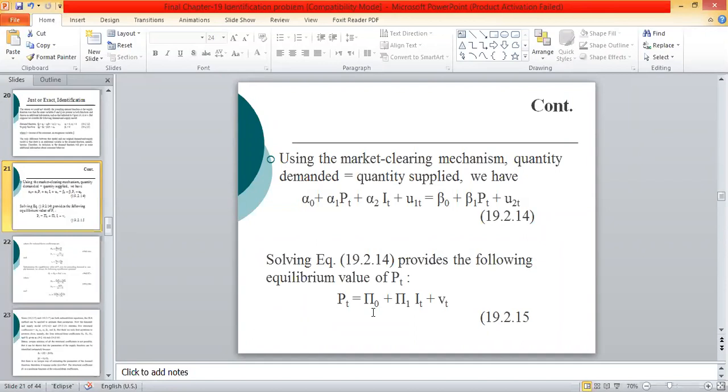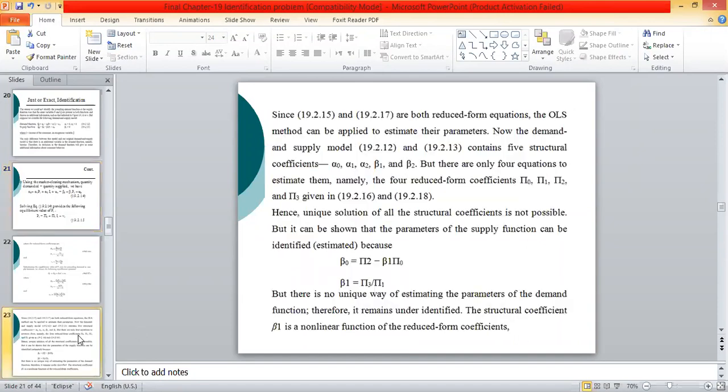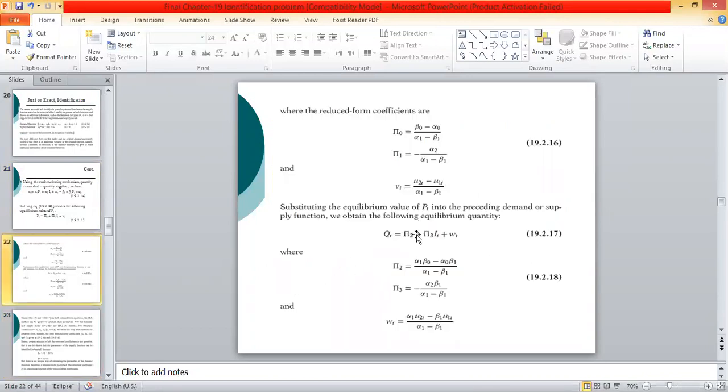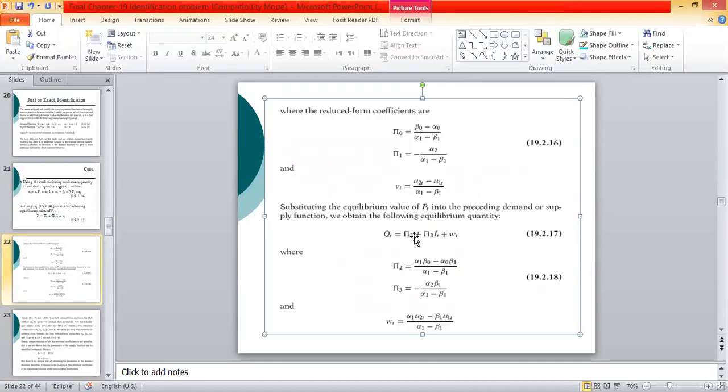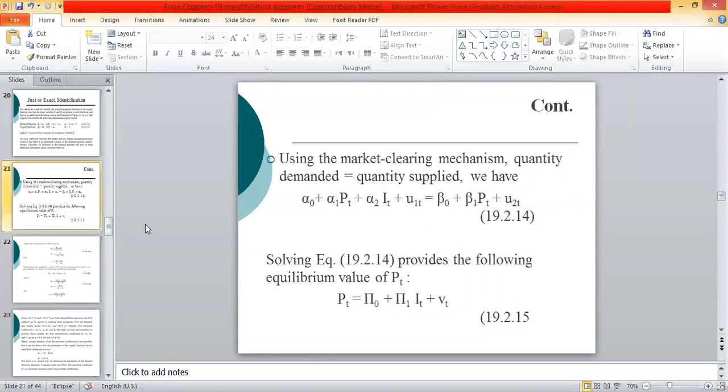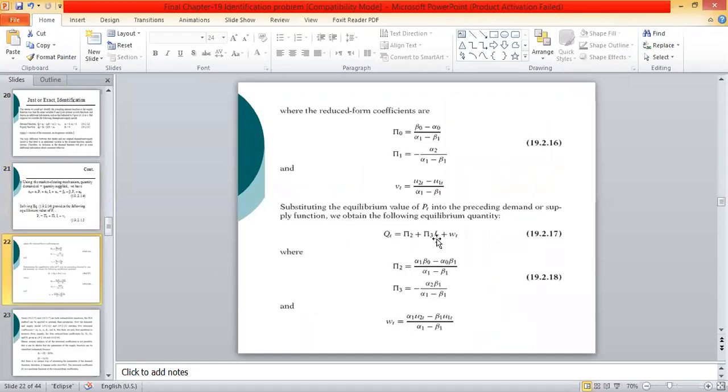So placing this reduced form equation into the original models gives the second reduced form equation, that is for quantity. This is the second reduced form equation, and this is the first reduced form equation.